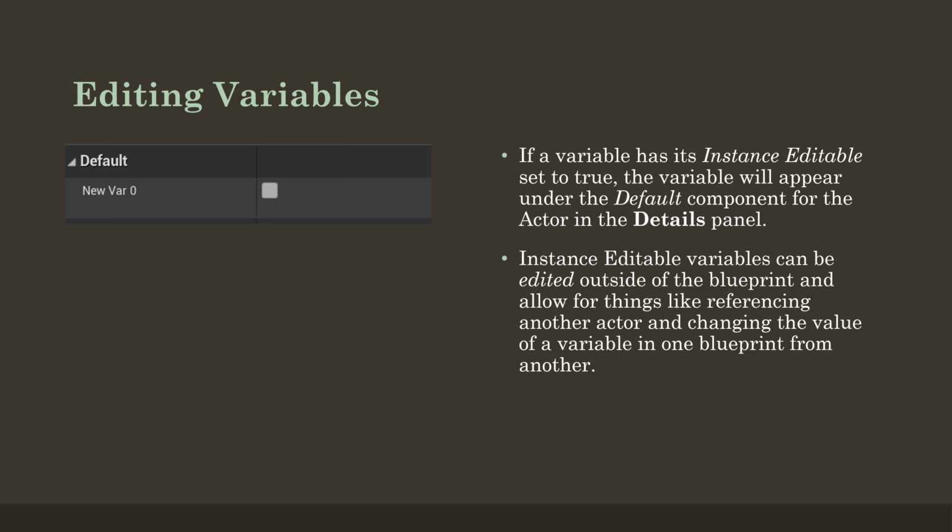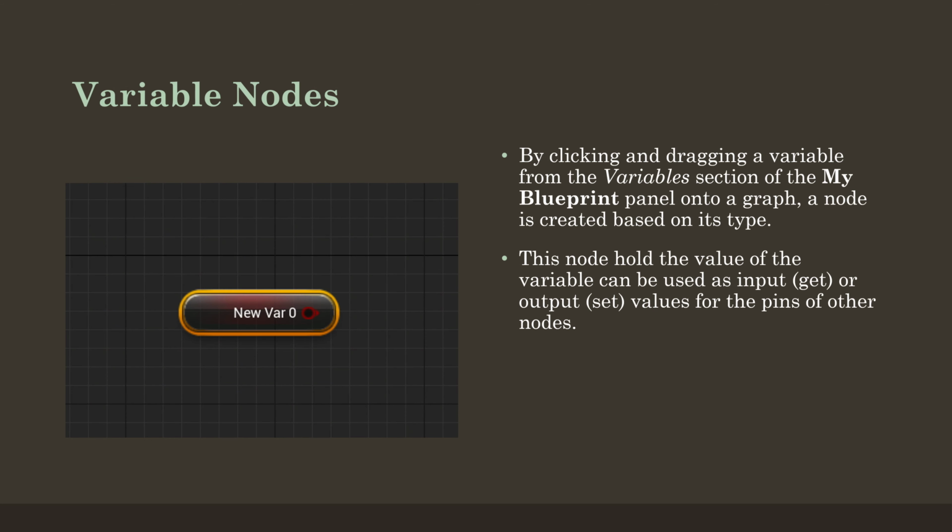Finally, to actually use variables for things, we need to remember that everything within blueprints are either graphs, collections of nodes, or nodes themselves. And so, variables are in fact nodes. So by creating a variable under the My Blueprint panel within the Blueprint editor, we can click and drag using the left mouse click and drag from the name of the variables under variables to the graph. And when we do that, we create a node.